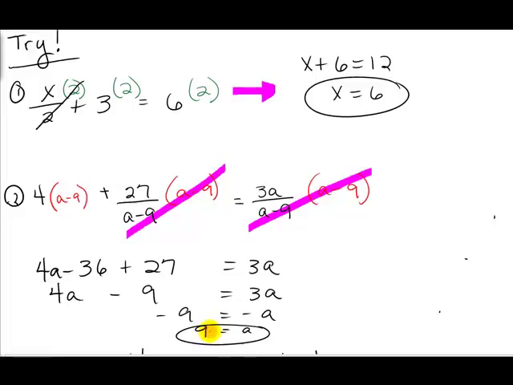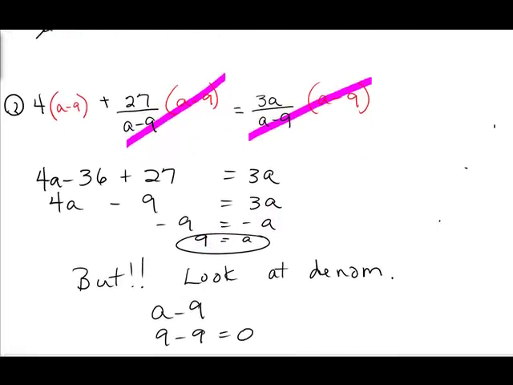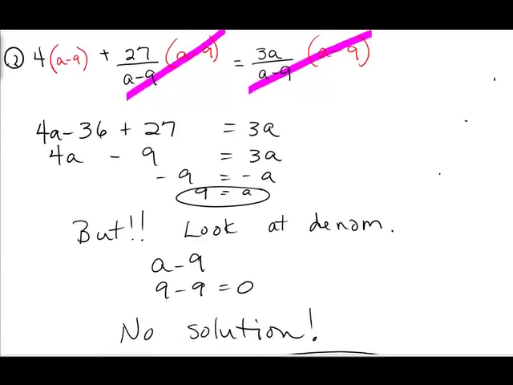It's not the answer. Remember back in the first part of 7.1 when we talked about the domain. Remember the denominator cannot equal 0. And if the denominator is a minus 9, and I plug in my answer of 9, then I have 9 minus 9, and that equals 0. So this is not my answer.